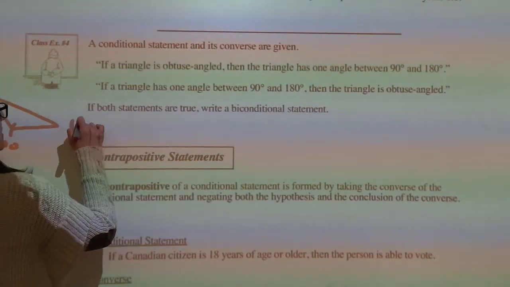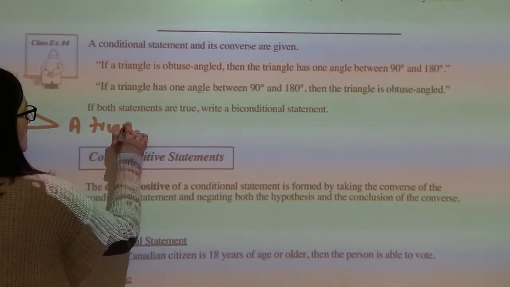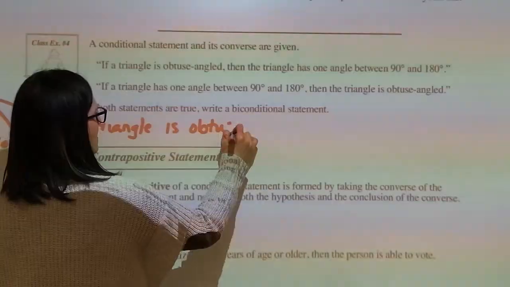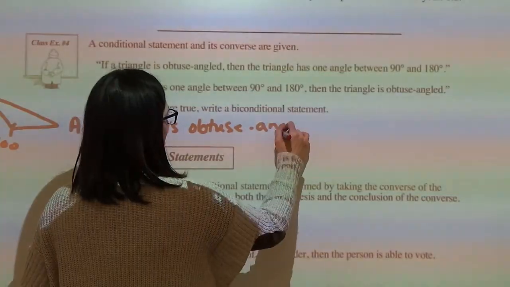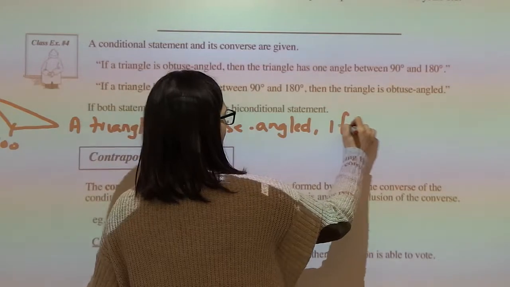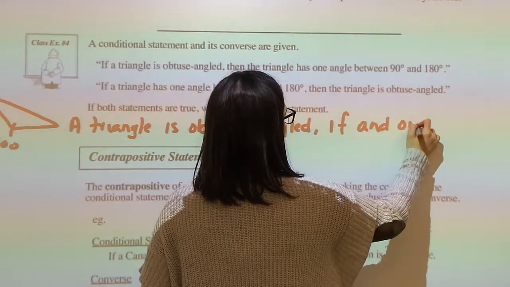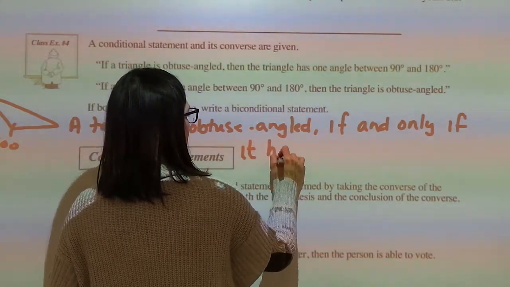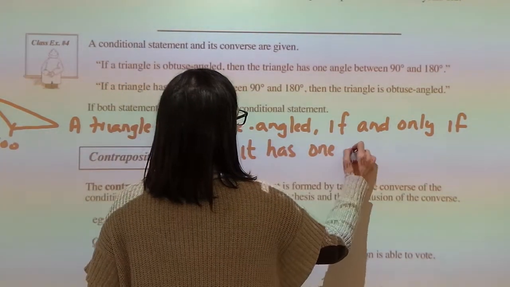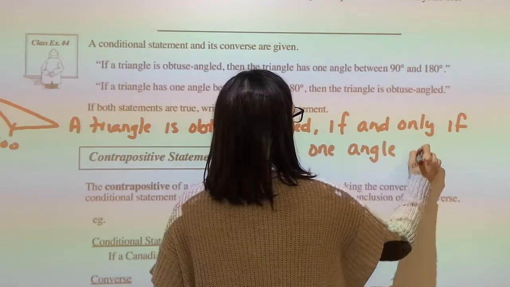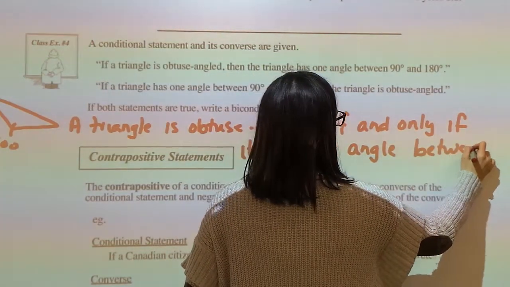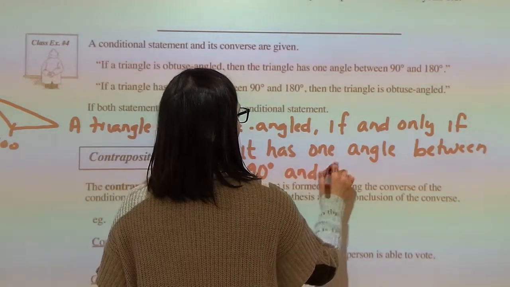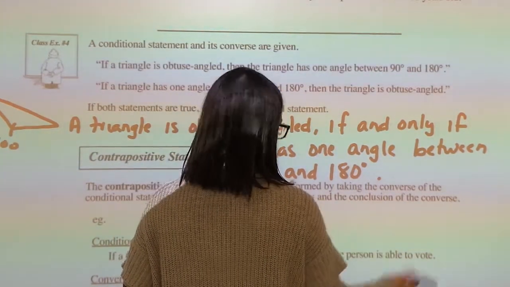A triangle is obtuse angled if and only if it has one angle between 90 degrees and 180 degrees.